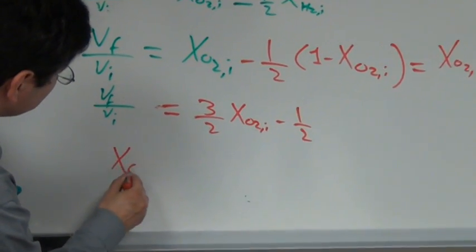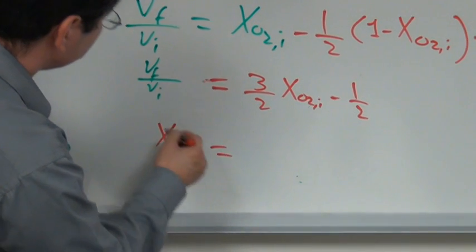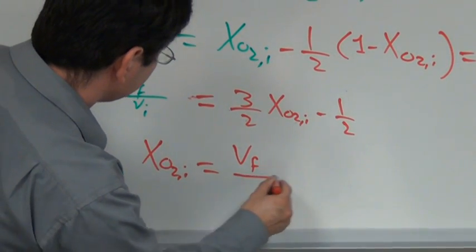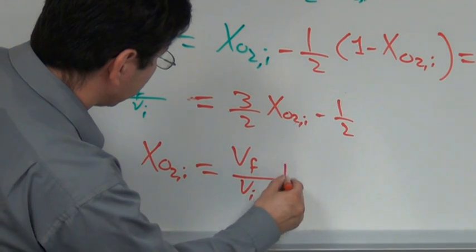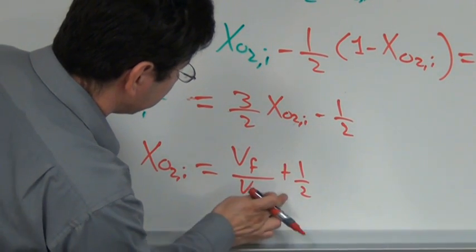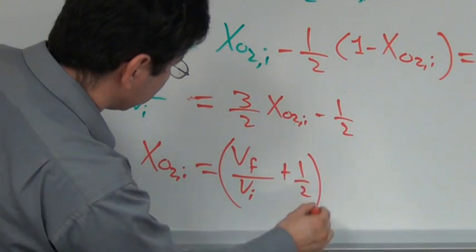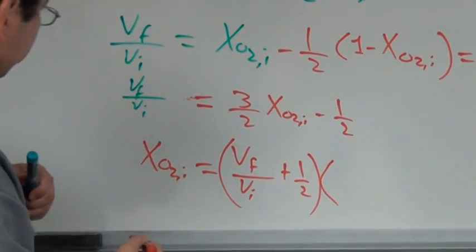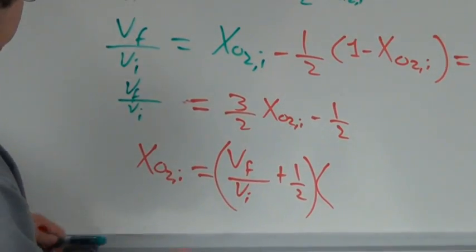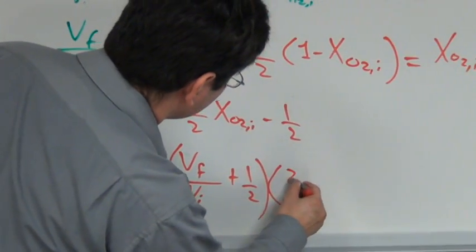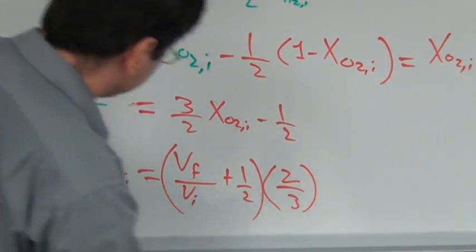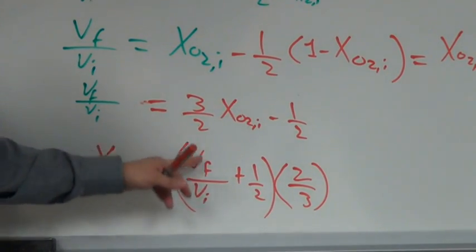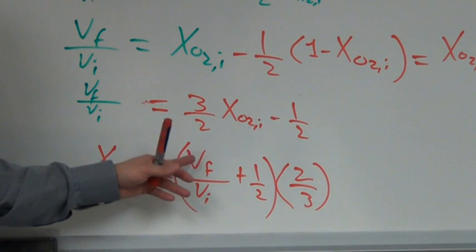So you can show that this is equal to VF over VI plus 1/2 times two over 3. These are quantities that we know experimentally, VF and VI.